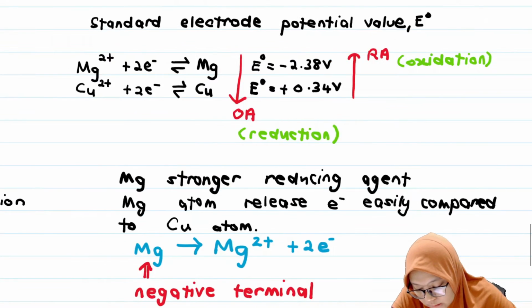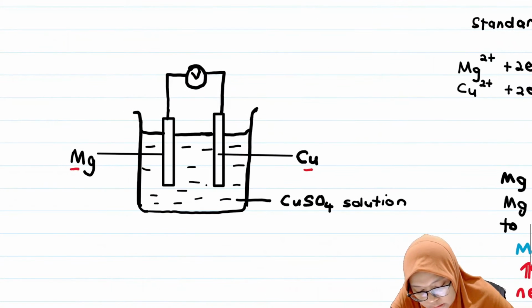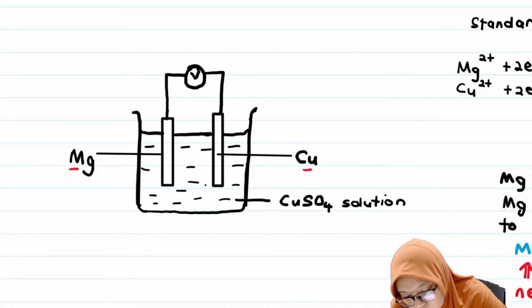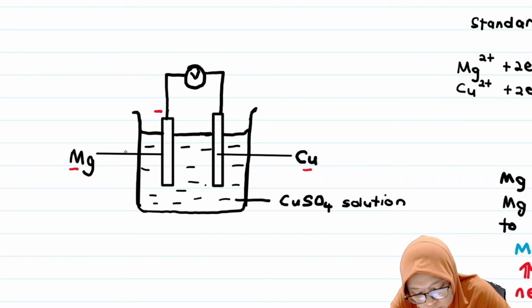So let's look at the cell just now. If you look at the cell, the magnesium will become the negative terminal. So I label the magnesium electrode as negative terminal. And if the magnesium is the negative terminal, then copper will be the positive terminal. What happened at the negative terminal is magnesium will release electrons to form magnesium ion.